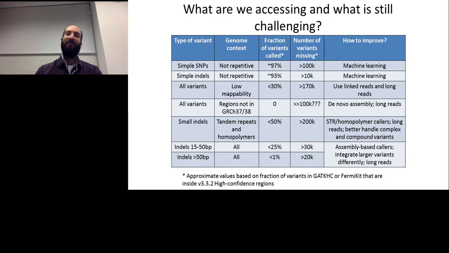We're characterizing probably less than 50% of these right now, and so there are many more that we have yet to characterize. And then as you get to larger indels and structural variants, we're missing many of these in our current characterization. And so a lot of our work right at the moment is focused on these. We have also started work on difficult to map regions and tandem repeats and homopolymers.